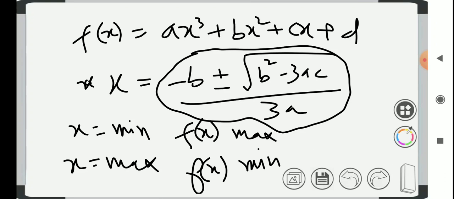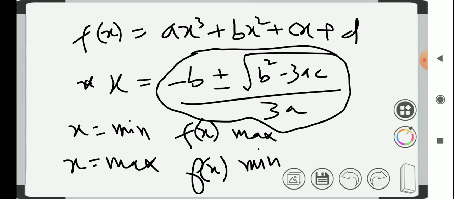This belongs to calculus optimization problems, but it might be combined with other topics, or it may pop up in physics or chemistry.